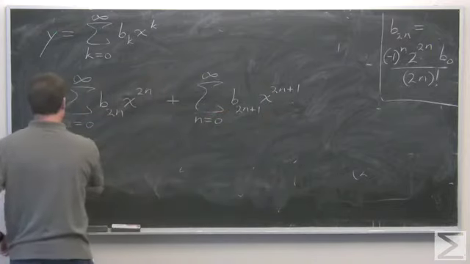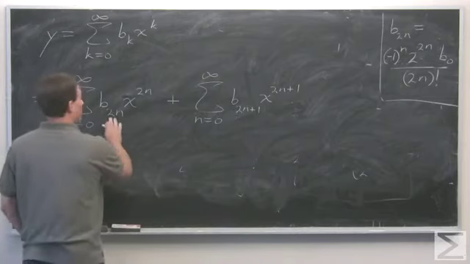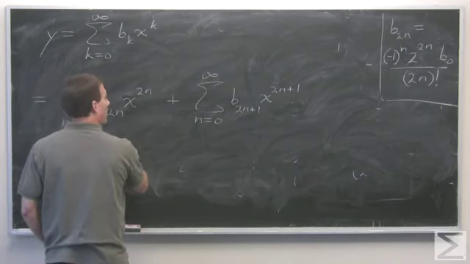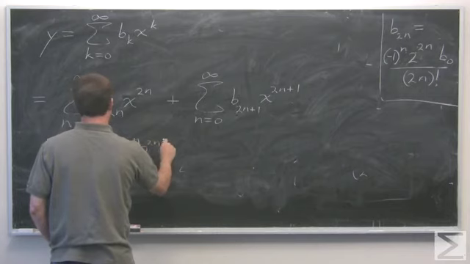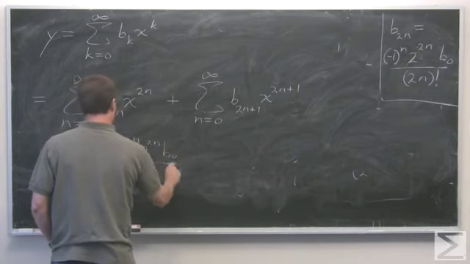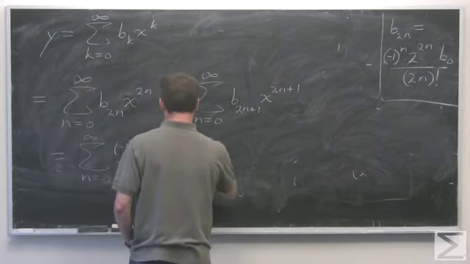If you do this, what you find is the sum as n goes from 0 to infinity of b sub 2n, which is minus 1 to the n, 2 to the 2n, b naught, over 2n factorial times x to the 2n.